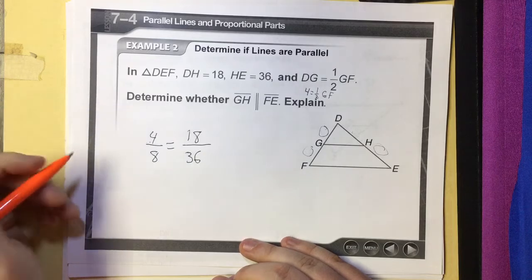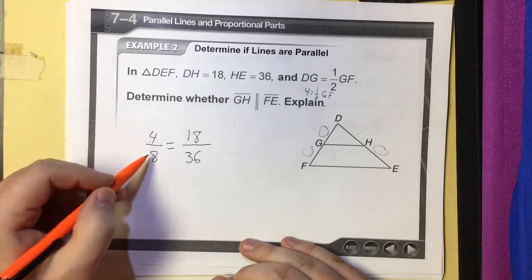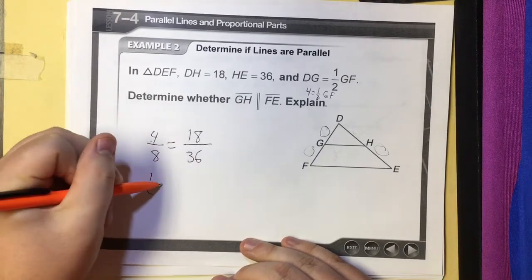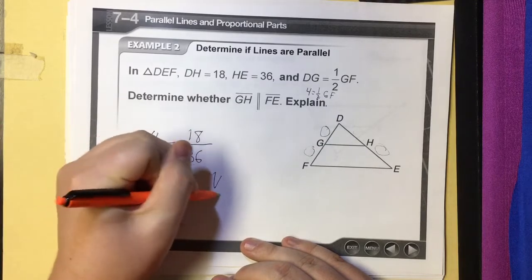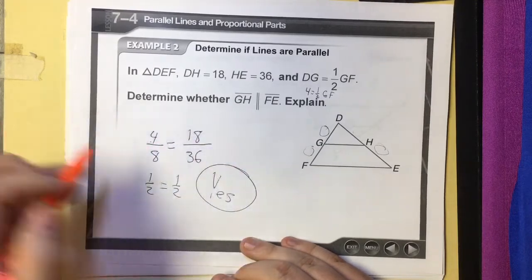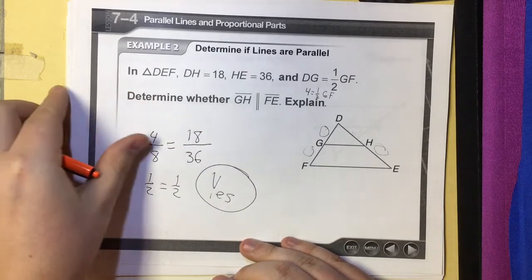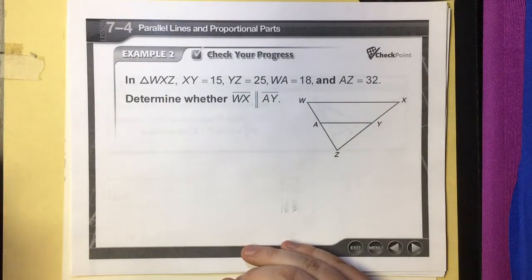So GF is 8, because 4 times 2 is 8. This can be reduced down to 1/2, and this can also be reduced down to 1/2. So our answer is yes. Since it cut it into proportional side lengths, it has to be parallel by that converse that we just talked about on the previous slide.